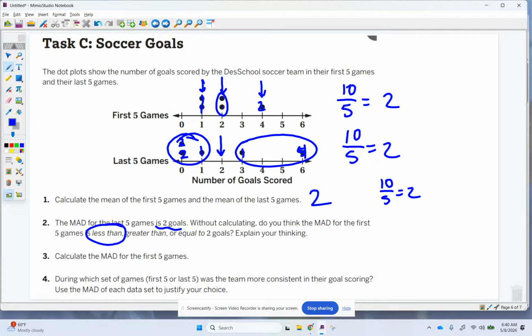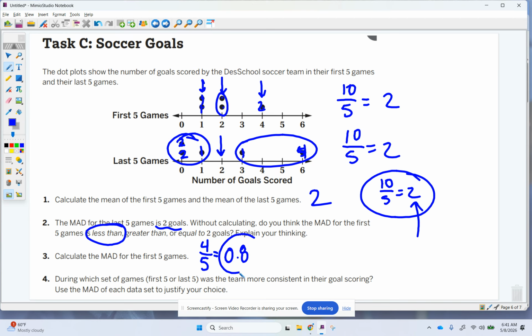So I add that up. 1 plus 1 plus 2 is 4. And remember, there are 5 dots. Those zeros matter. And so the MAD in this case is 0.8, or 4/5 is perfectly fine for me. During which set of games, the first 5 or last 5, was the more consistent? The first one. The second set, the MAD is 2.